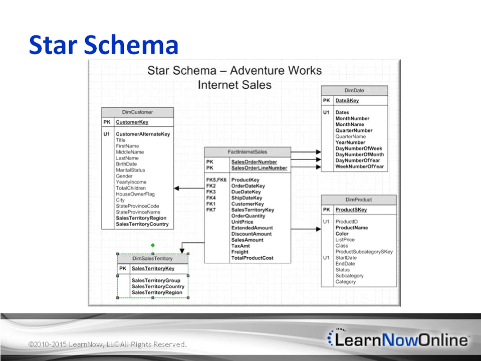A term often heard is star schema, and sometimes snowflake schema. Dimensional modeling can be shown as two types of schema, the star and the snowflake schema. The star schema's objective is to not have a dimension table related to another dimension table. Basically, all dimension tables are related to one or more fact tables, like this example.